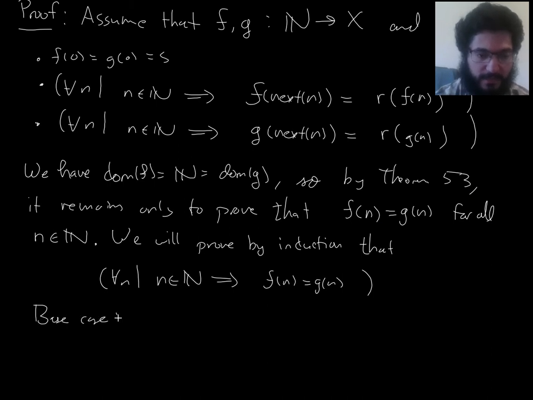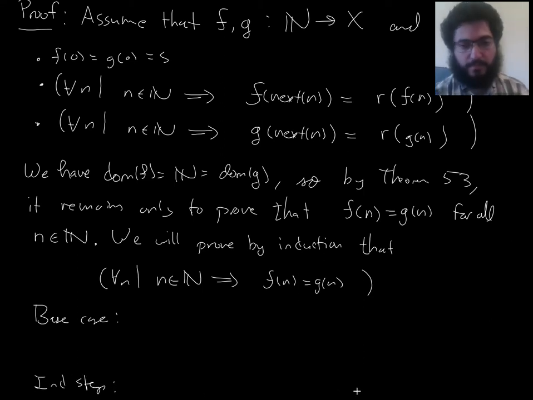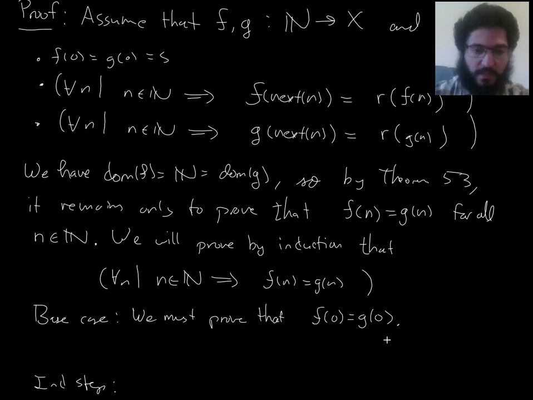Base case, induction step, and let me fill in what I have to prove. Well, for the base case, we must prove that f of 0 equals g of 0. I was going to also fill in the induction step and then come back and fill in the proofs for both of them. But the base case is done so quickly, let's just get it out of the way.